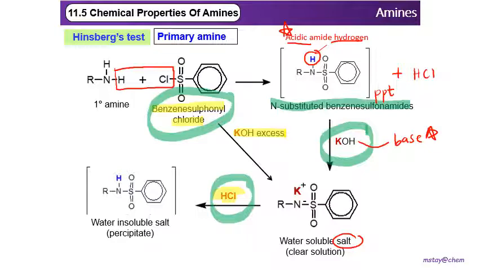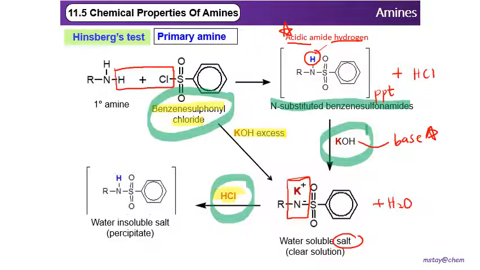Because potassium is a metal, it will always be in the form of an ion. So here we will have K plus and nitrogen minus. That means the hydrogen from the benzene sulfonamide will react with the OH from the KOH to form H2O.